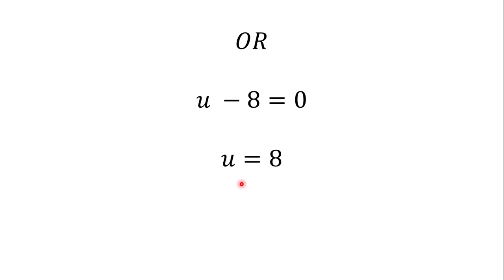Now, the values of u from the equation we generated from the original one are 1 and then 8. The 1 and 8 that we have just gotten are not the answer to the original equation. No, they are the answer to the equation we generated from the original one after the substitution.